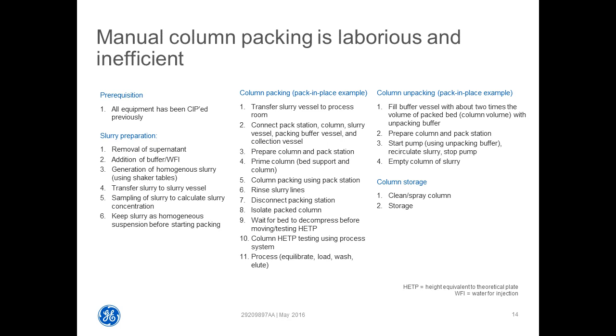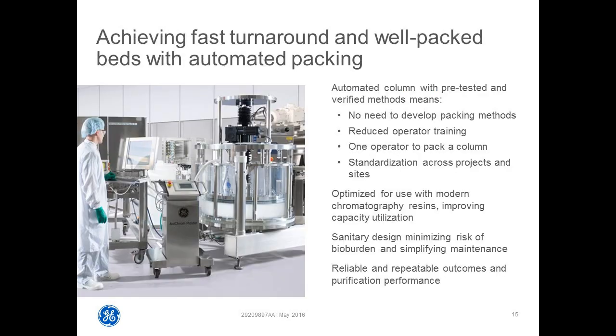Right? This is just a very small snapshot of the number of steps that one has to go through in order to get to that end result. And even here, there are a lot of things that can go wrong. Right? So if that's the case, then what's the solution for us in order to intensify our chromatography unit operations?